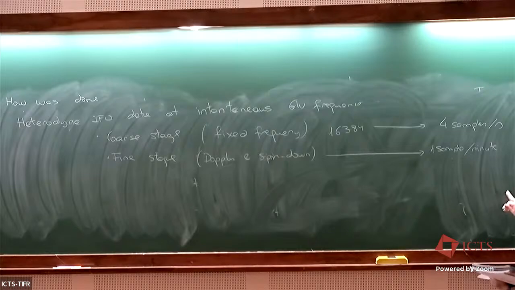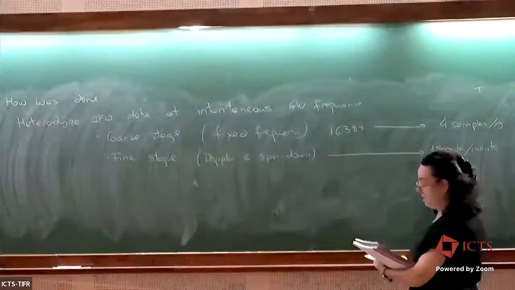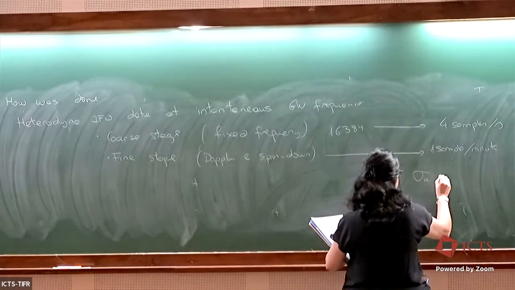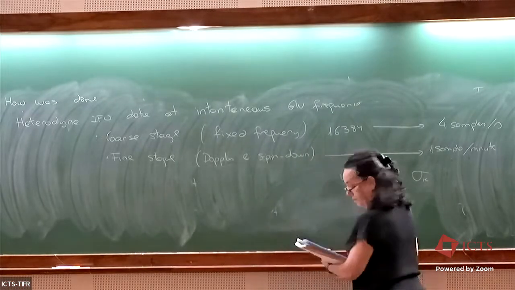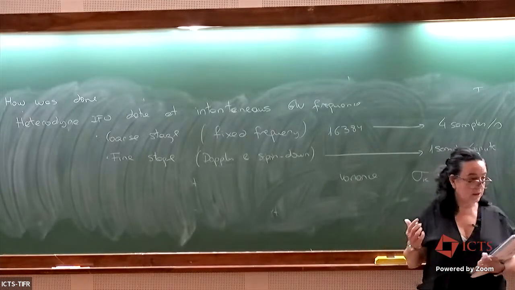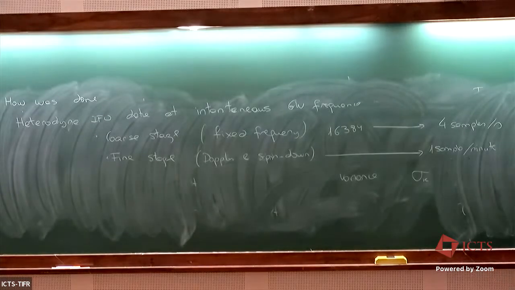Of course, for each data point, apart from getting the value of the data, one can also estimate the variance in each, let's say, minute of data, in order to take into account that they are non-stationary.